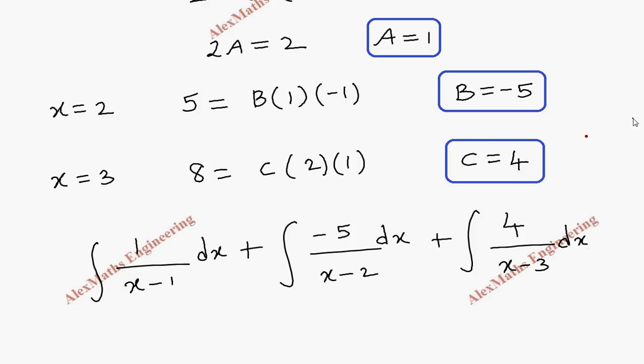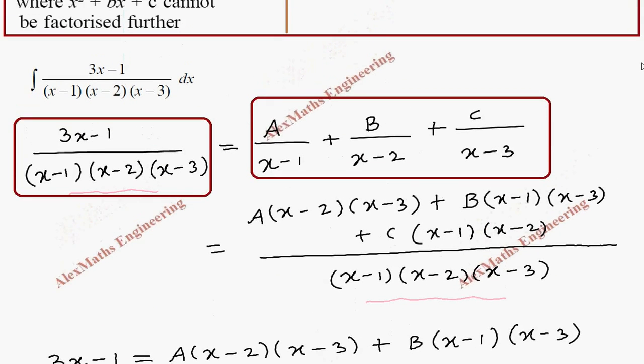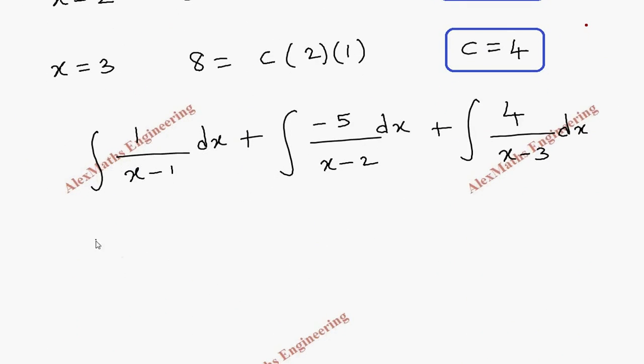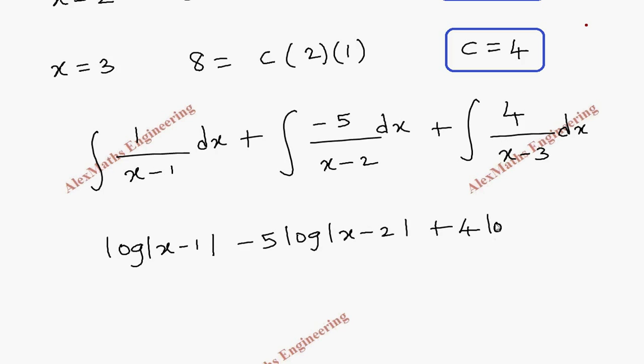We resolved into partial fractions, and after finding a, b and c, we are using that to integrate. The first term is log mod x minus 1, then minus 5 log mod x minus 2, then plus 4 log mod x minus 3 plus constant c.